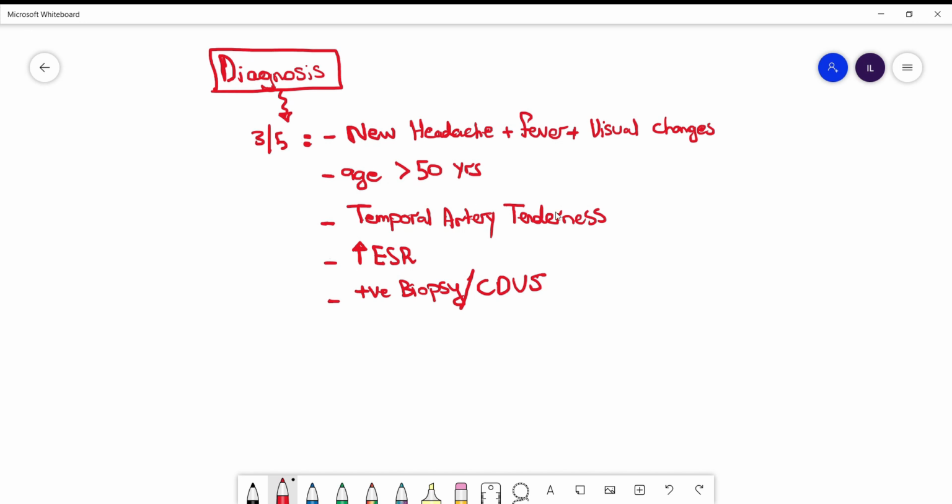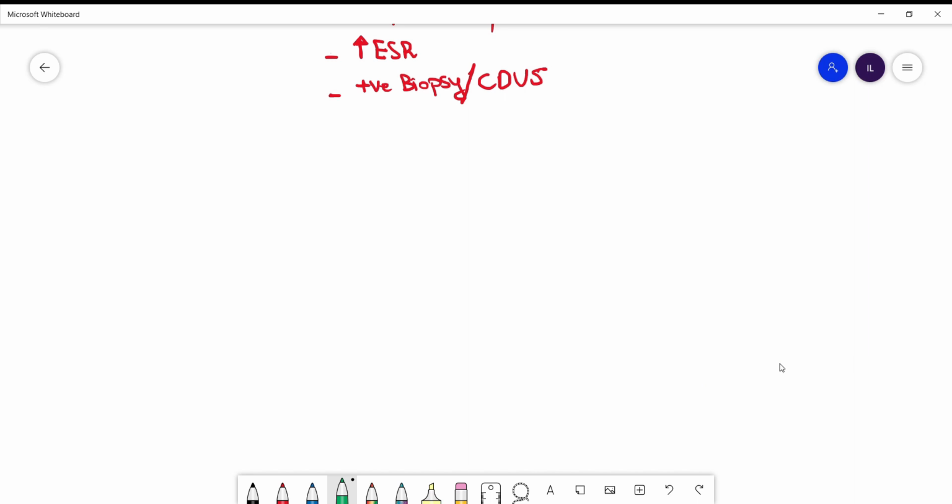So after you have 3 out of these 5, you can start treatment right away. Now, most of the time, you will need to confirm your diagnosis with a biopsy to make sure you are treating the right diagnosis. But after you have these positive 3 out of 5, you need to treat before confirming the diagnosis.